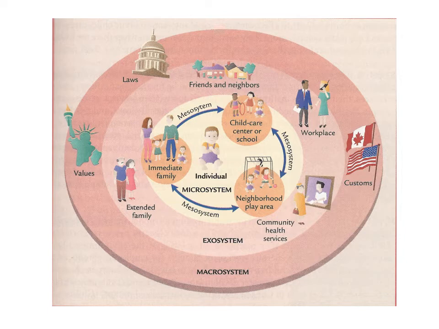For example, parents' workplace, extended family, social worker. But these exosystem effects still affect the child's development indirectly, and it impacts a child's development by influencing structures in the microsystem.